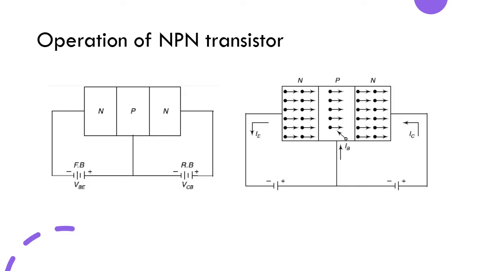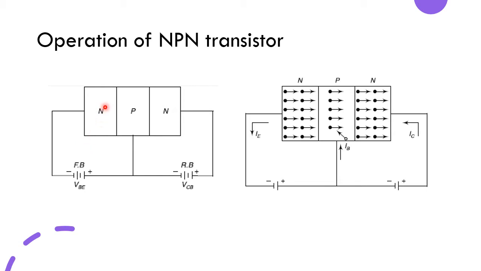Next we move on to the operation of the NPN transistor. Here this is emitter, this part is base and this is collector. And now this emitter-base junction is forward biased. Forward bias means positive is connected to positive, negative is connected to negative.